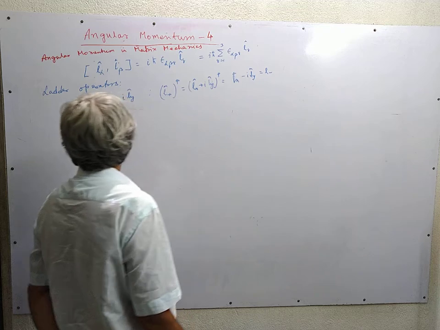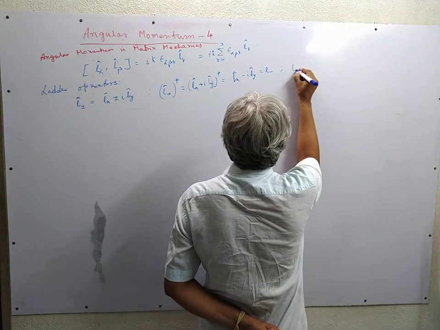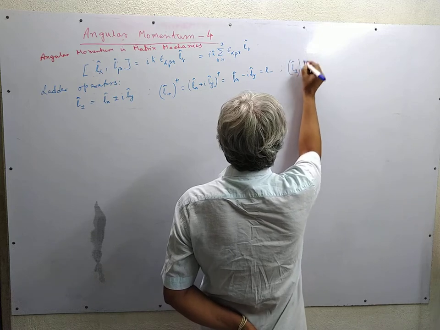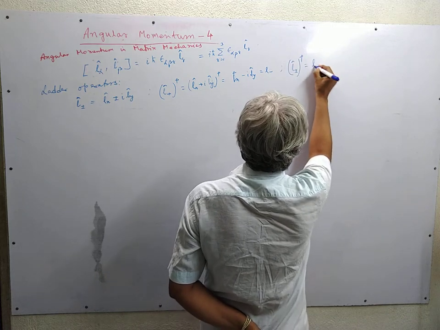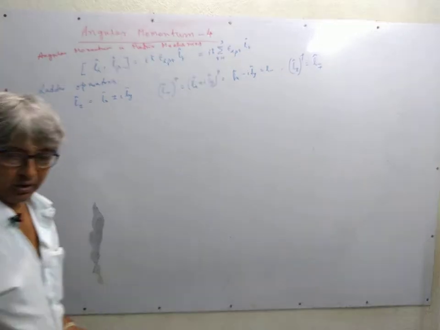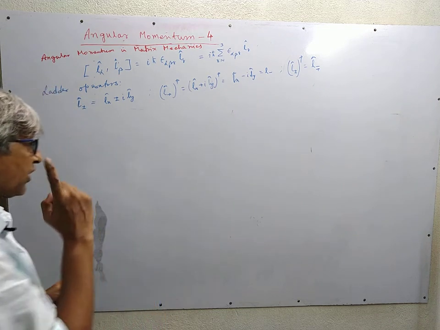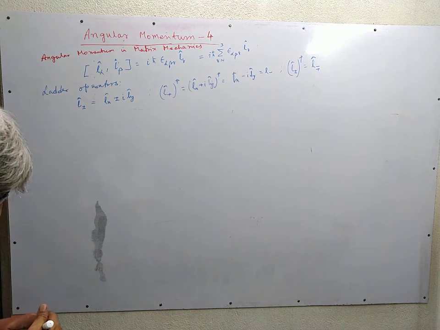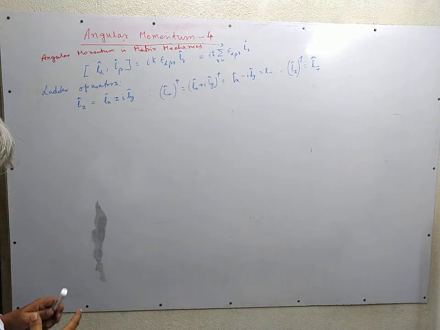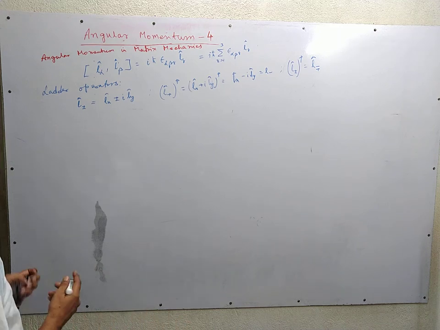That is to say that (L±)† = L∓. One is the Hermitian conjugate of the other. The similar thing we obtain for the A± operators: the Hermitian conjugate of the raising operator is the lowering operator, and vice versa.